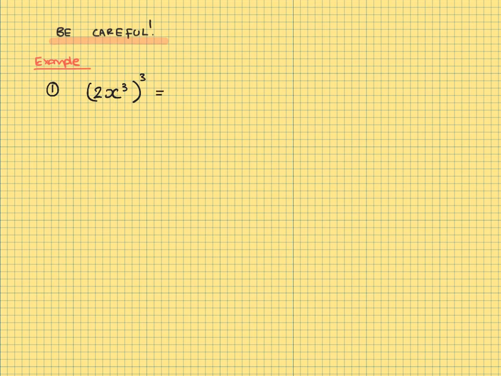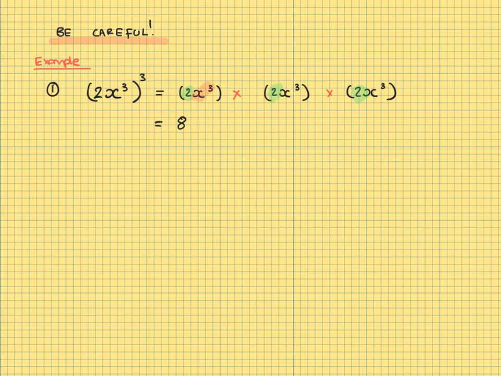Now, let's write it out. So that is 2x cubed, 2x cubed, 2x cubed. And these three terms are being multiplied together. That's what cubing means. So we can see the 2, the 2, the 2 here, all multiply together to give us 8.